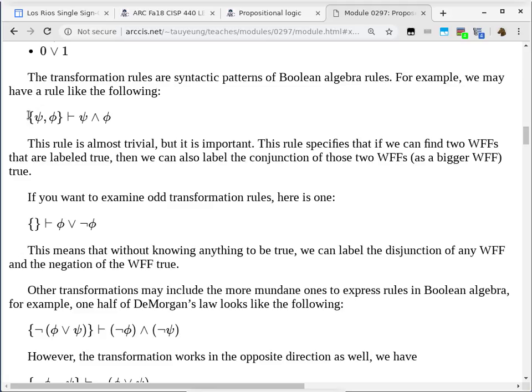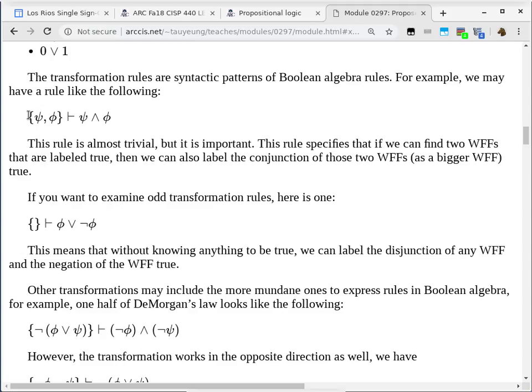And you can see that we are not using P, Q, R, S, T anymore. We are using Greek letters. So tell me again, what is the special name that we give to the Greek letters? Schemata. Very good. The reason we use schemata is because these are placeholders for well-formed formulae.